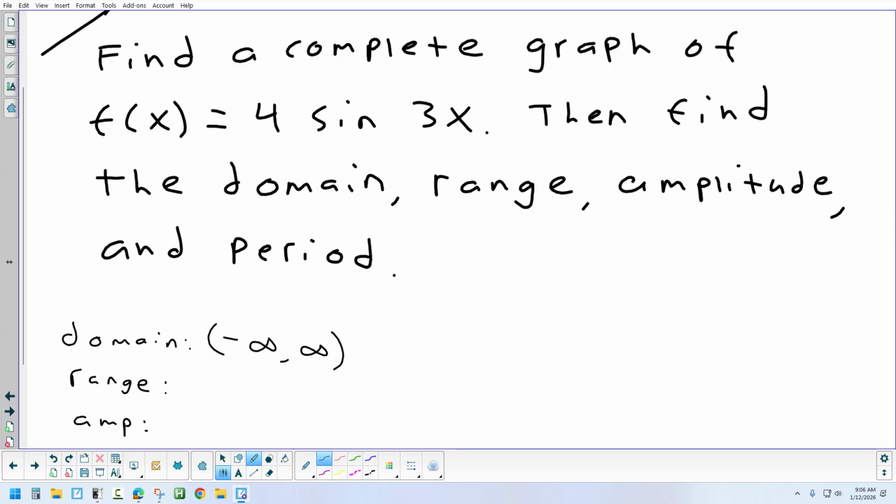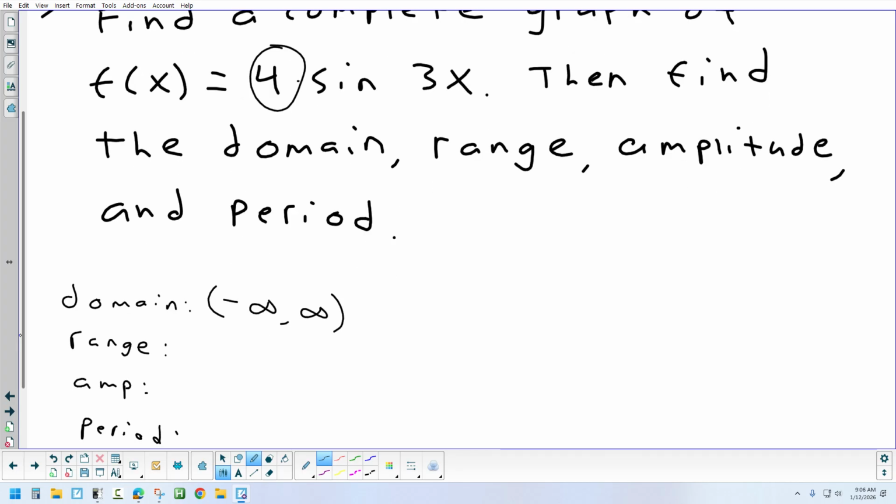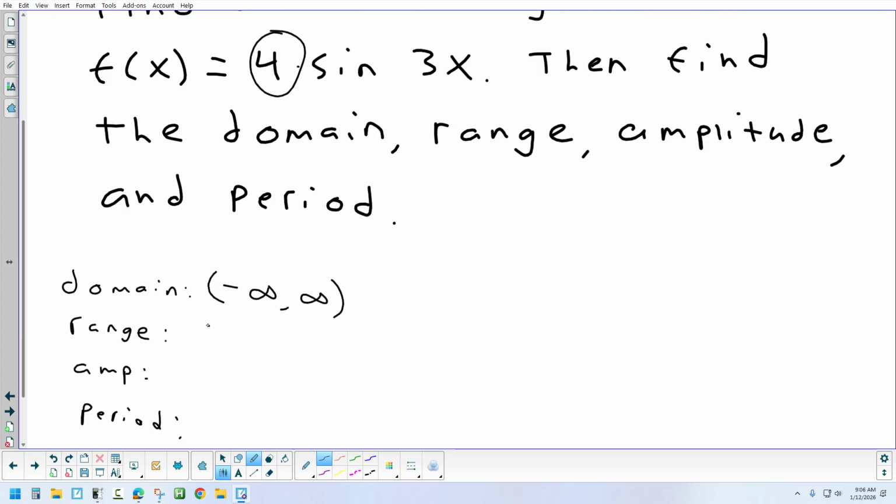Right, we've multiplied it by 4. So the range here is no longer -1 to 1. What would the new range be after we take into account that transformation? Yep, -4 to 4. And do we actually hit the -4 and the 4? Yeah, we do, which means we need brackets.